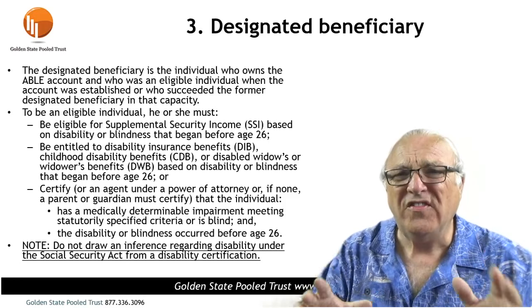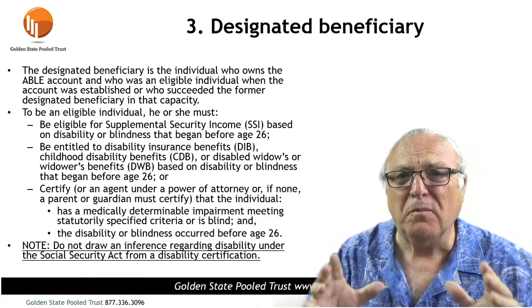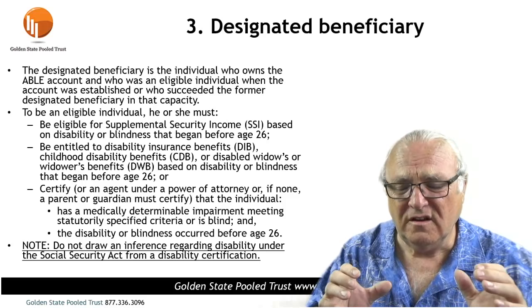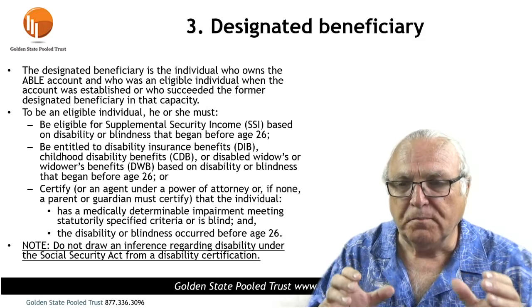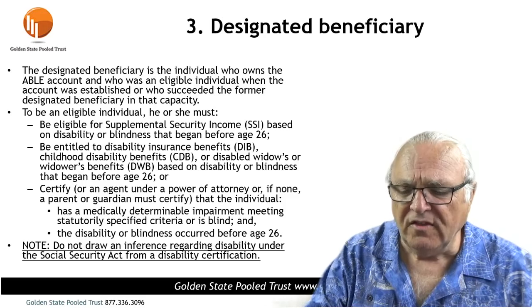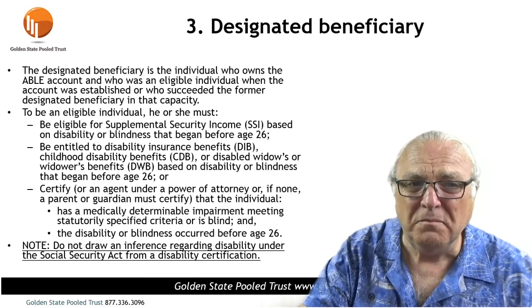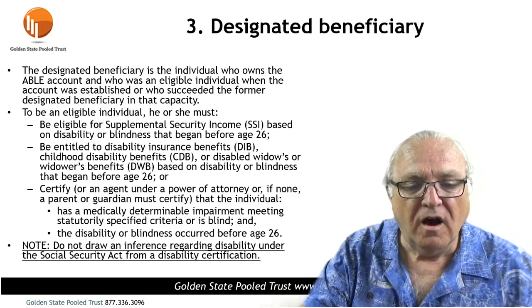Okay. Now, one thing about this is that the ABLE programs are under the oversight of the Department of Treasury, and the Department of Treasury has a history of being very disability friendly.